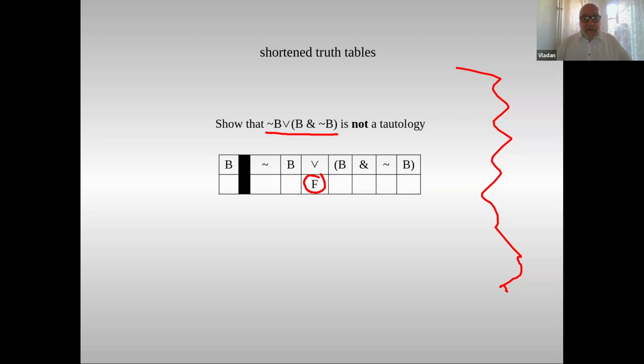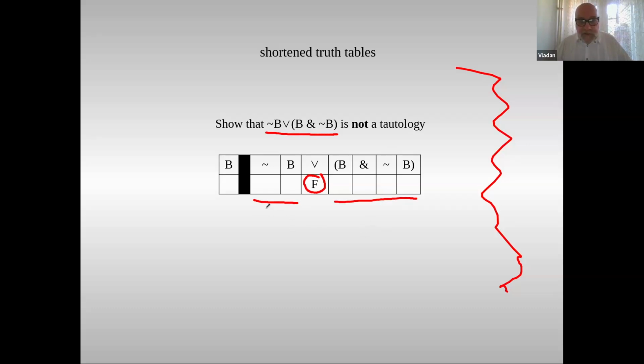Our assumption says that the formula, the disjunction, is false, which means, if you need to have a look at the basic truth tables on page 150, you can do that. Disjunction is false only in one case, if both disjuncts are false. And these are the disjuncts.